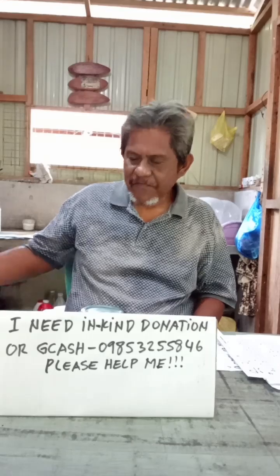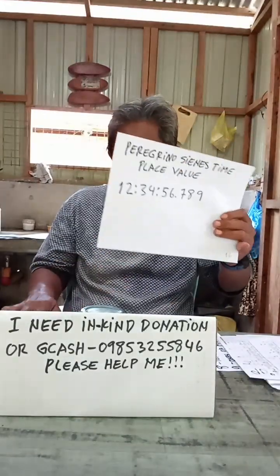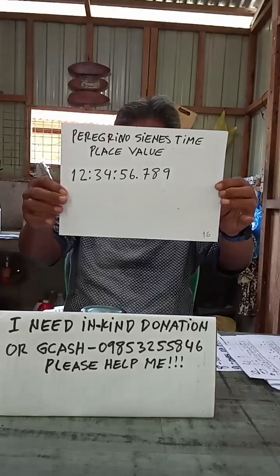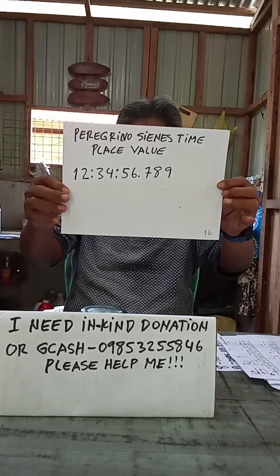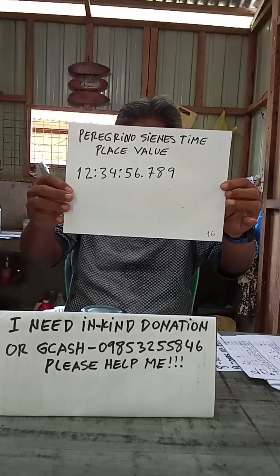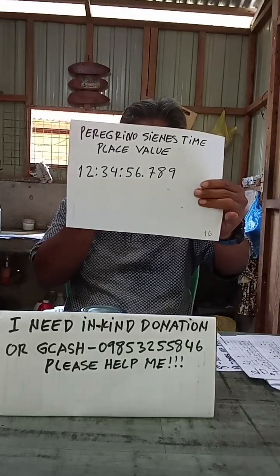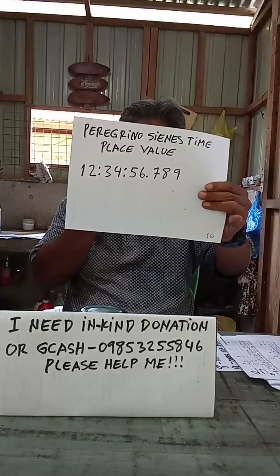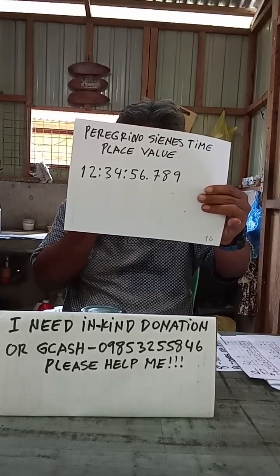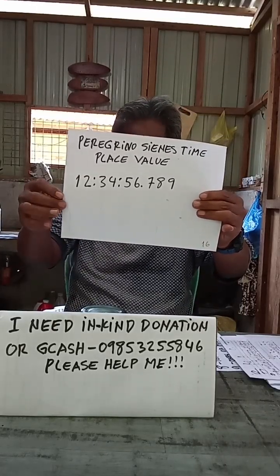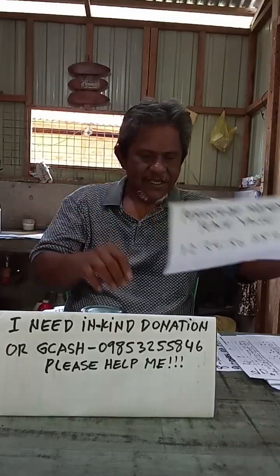And now, the place value. Peregrino Sienes Time, place value. The time is 12 per hours, 34 per minutes, 56 per seconds, and 789 milli per seconds.